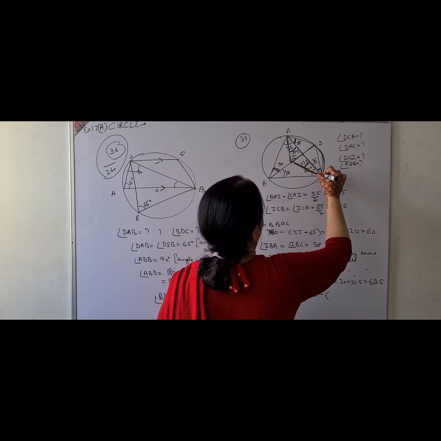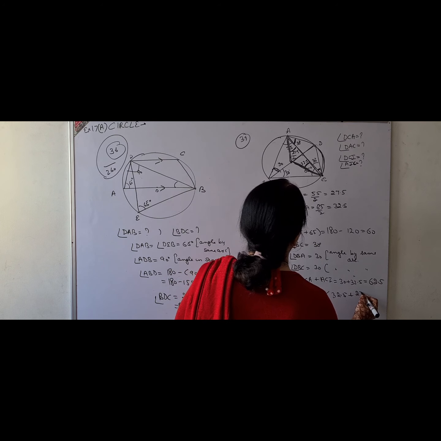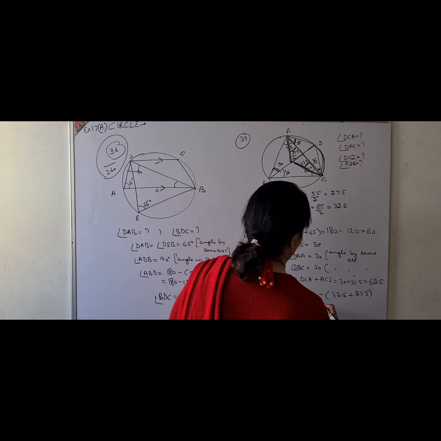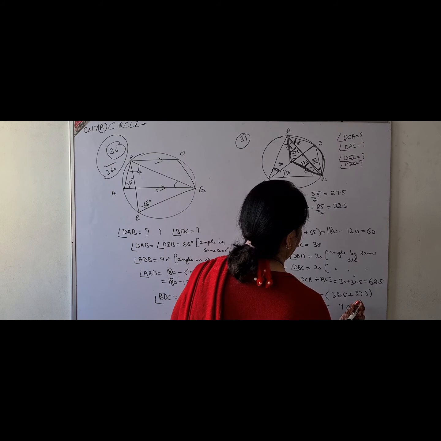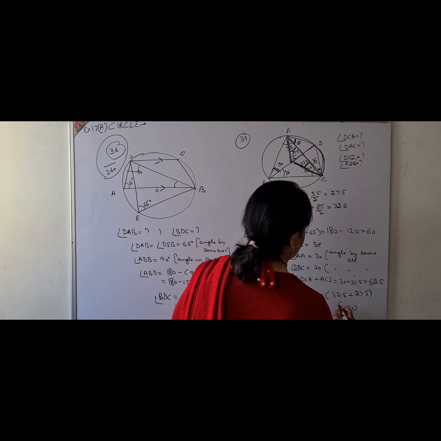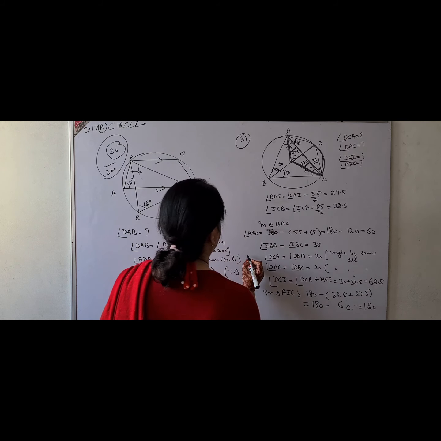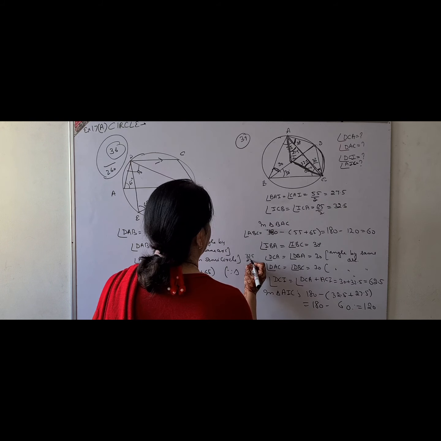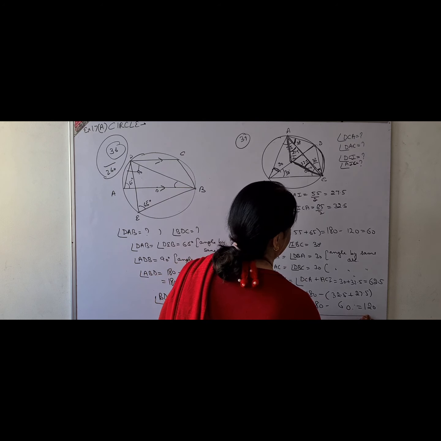I am darkening it also because that will make it more clear. 32.5 plus 27.5 is 60, and 180 minus 60, the answer is 120. You can check it at the side if you have a little confusion or unsureness. So this is the required answer.